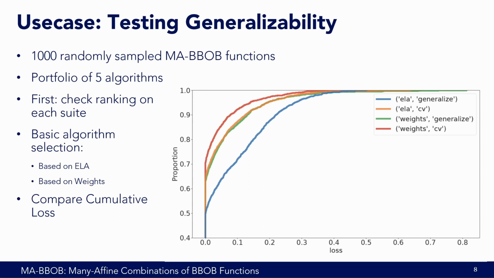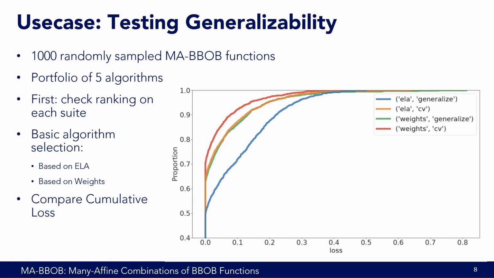And if we look at that, then we see that the cross-validation loss is quite good, no matter whether using weights, which is here in red, or exploratory landscape analysis, which is here in orange. Both are performing okay, but we do lose quite a bit when moving to ELA.